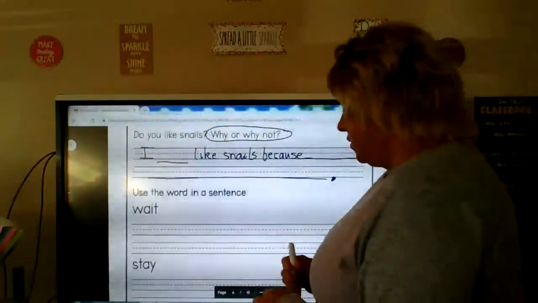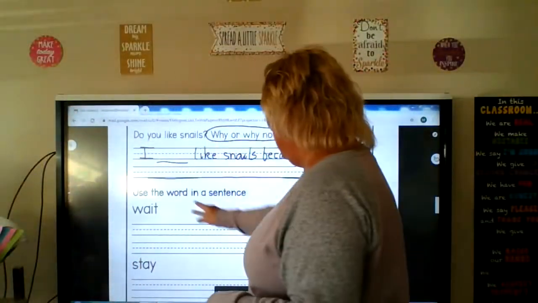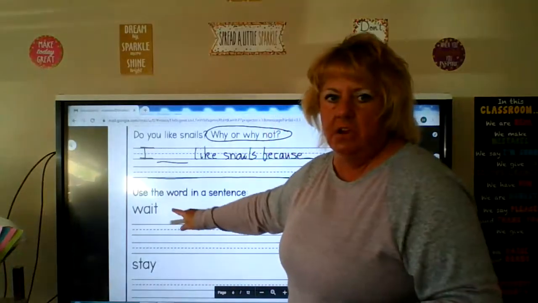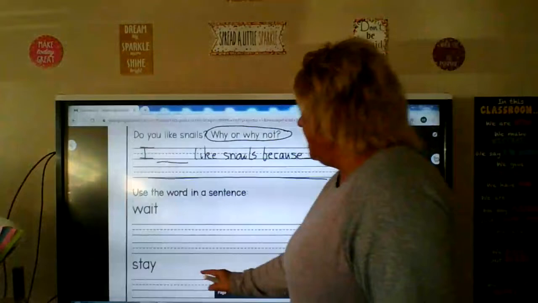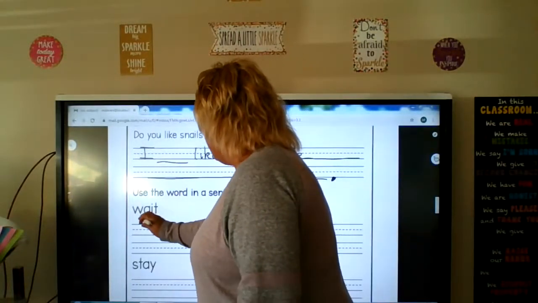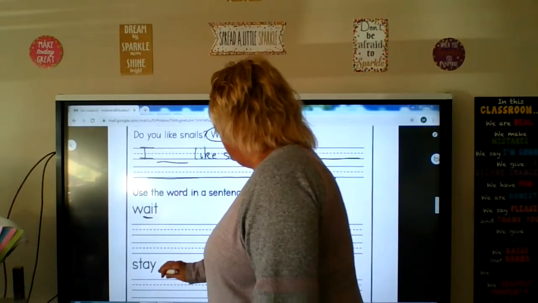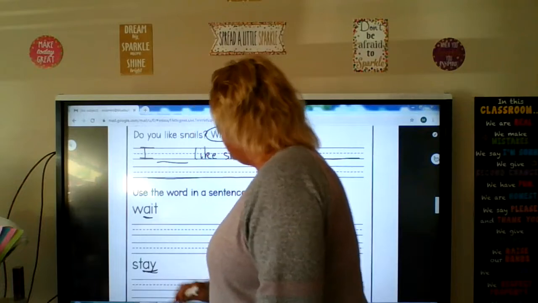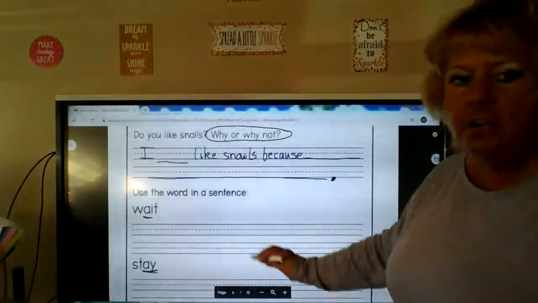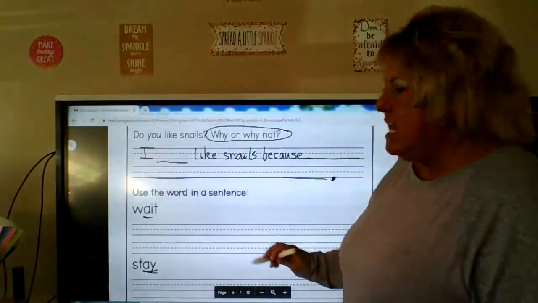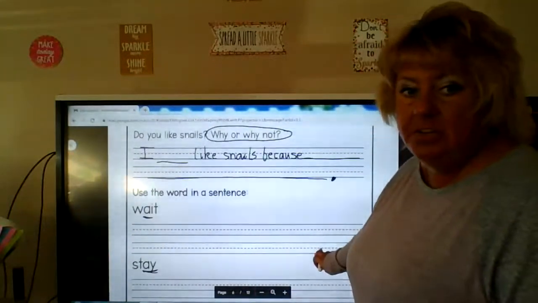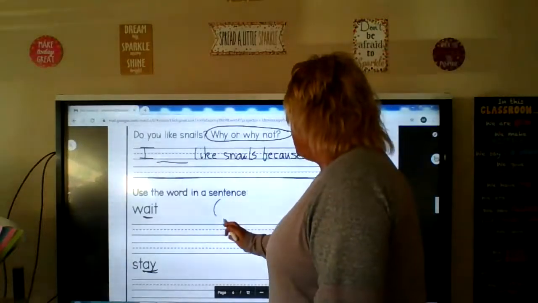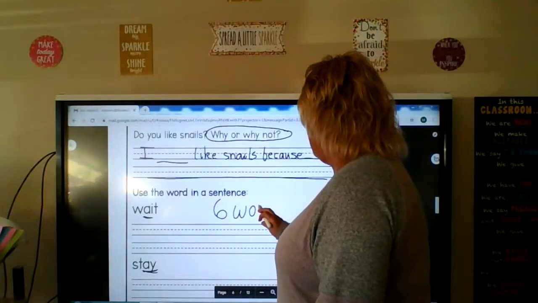And then you're going to use these two words in a sentence. You're going to write a sentence with wait and stay. Wait, I hear the A in the middle. Stay, I hear the A at the end. So you're going to write a sentence with wait. It's going to start with a capital. It's going to end with an ending punctuation mark. And it has to be 6 words long.